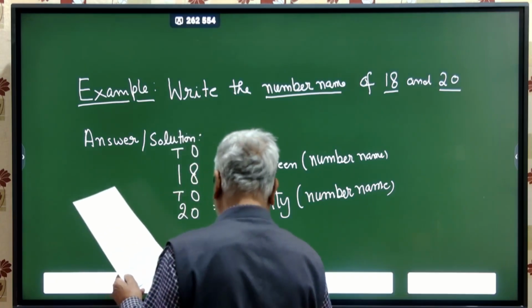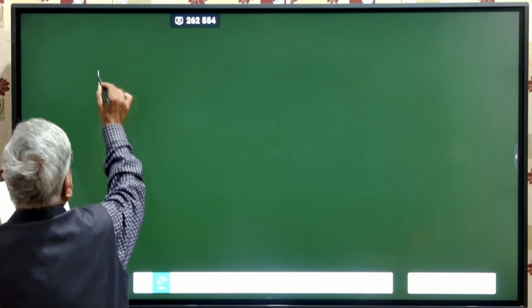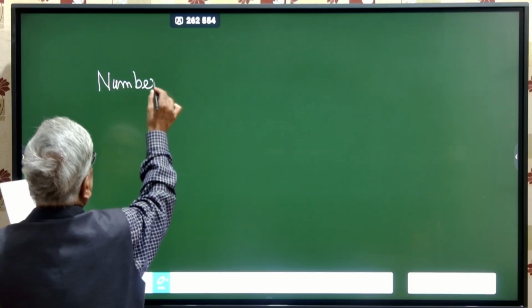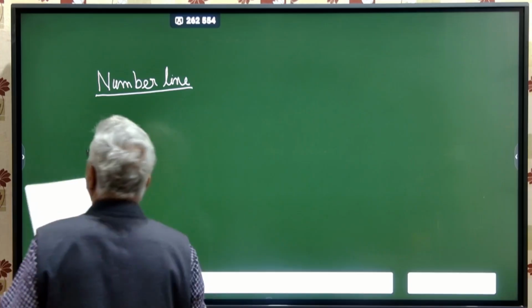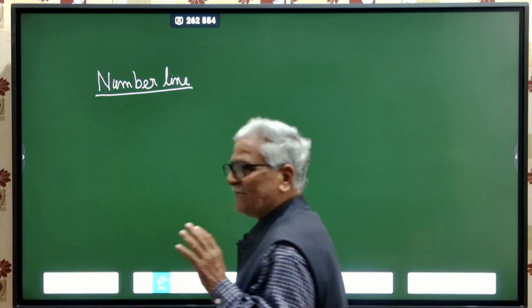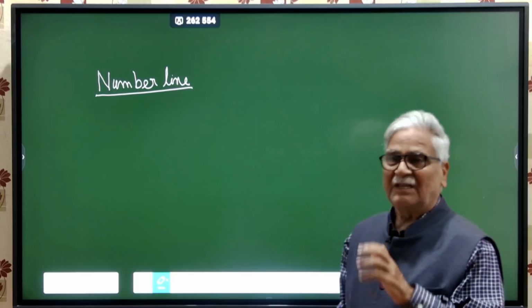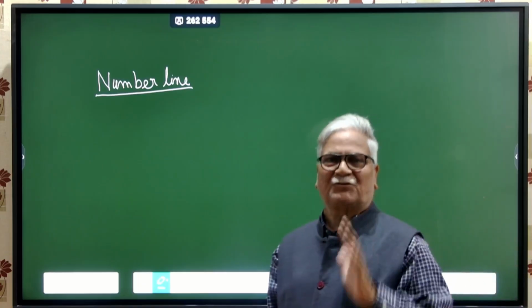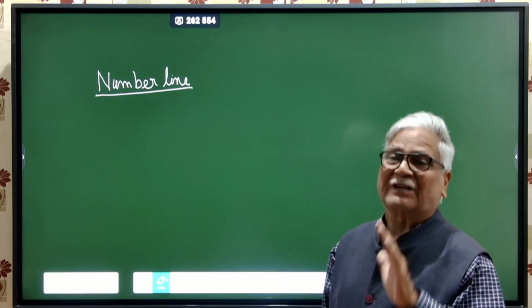Now, number lines. Basically, when we are telling the students about number, numerals, natural number, at the same time, for the convenience of the students, we should tell the number line, because we know how to draw a straight line.